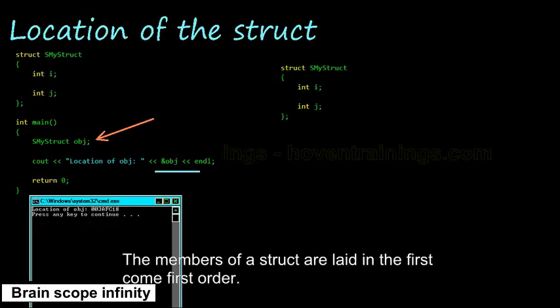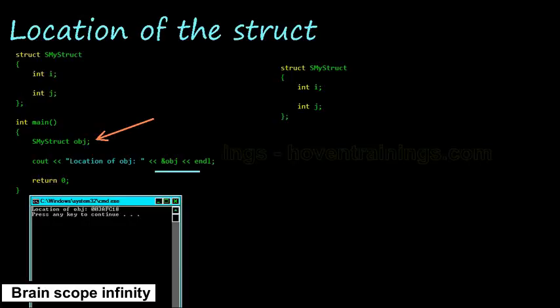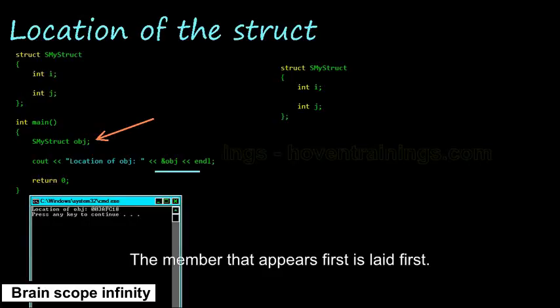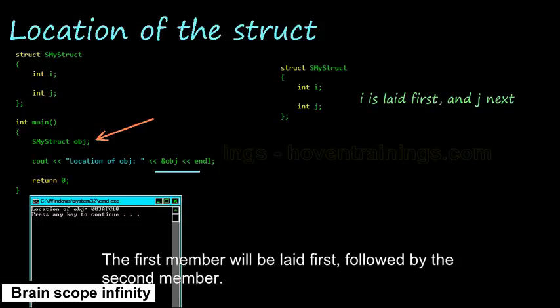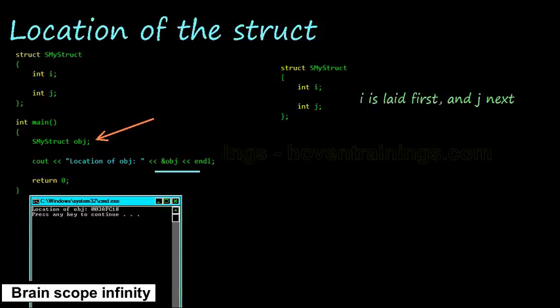The members of a struct are laid in the first-come first order. The member that appears first is laid first. The first member will be laid first, followed by the second member.